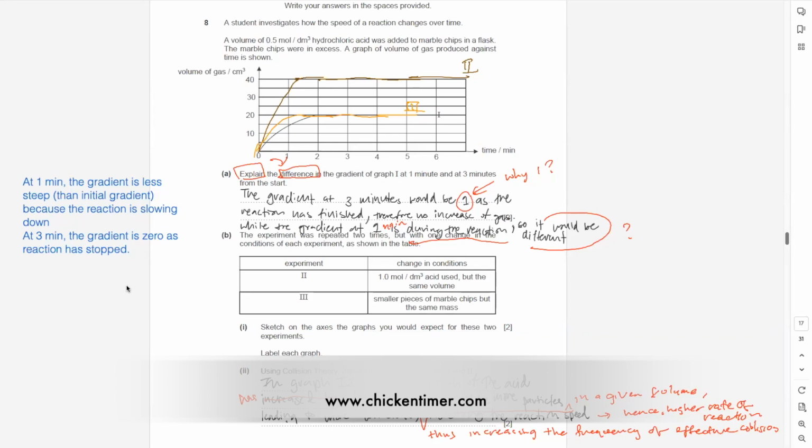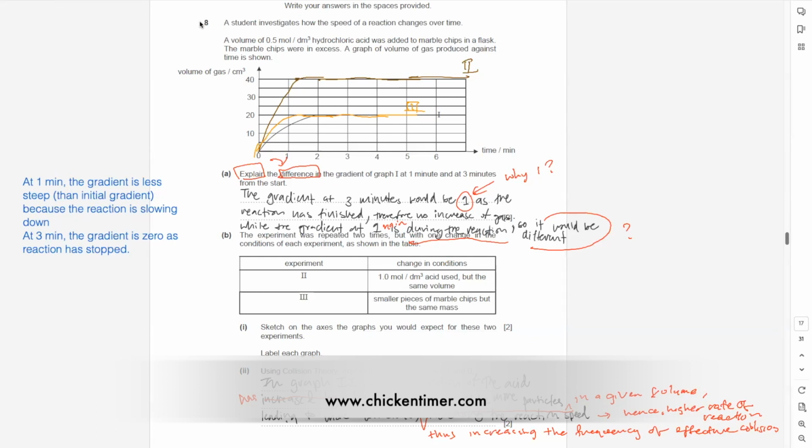Second one, I rephrase. Increase by double, I don't know how to read it; it could mean increase 3 times. So I will say the concentration of the acid doubled, which clearly means concentration times 2. Thus, there will be more particles in a given volume, leading to more collisions. Then you have to say increasing the frequency of effective collisions.